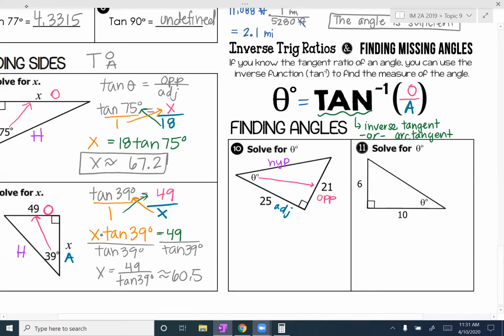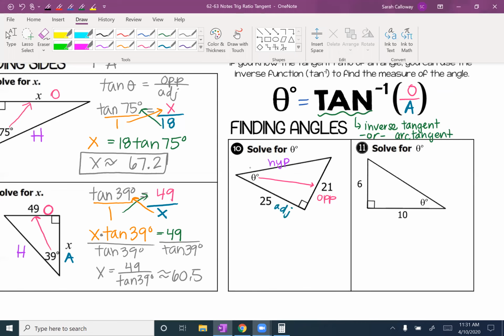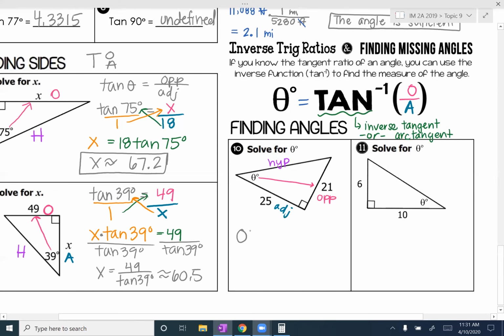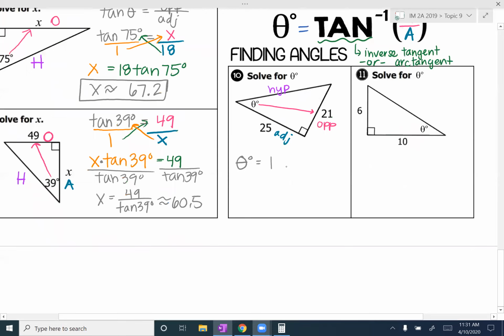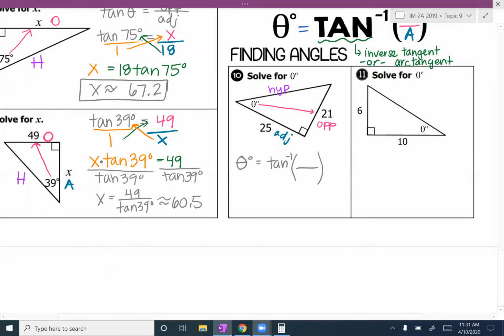So if I want to find theta and I know the opposite and adjacent sides, I'm going to take the inverse tangent of the ratio of the opposite side, which in this one was 21, over the adjacent side, which in this one was 25.